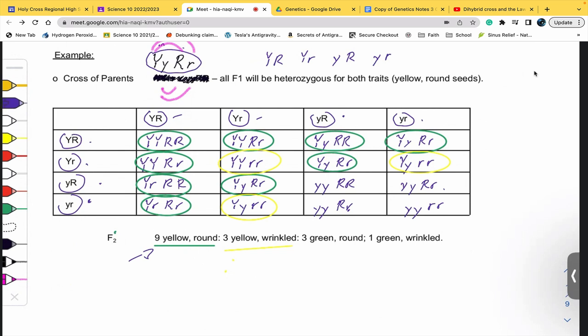So we have one here, green round, one here, one sec, the pen's gone on me.